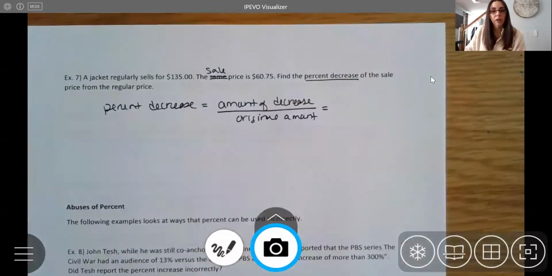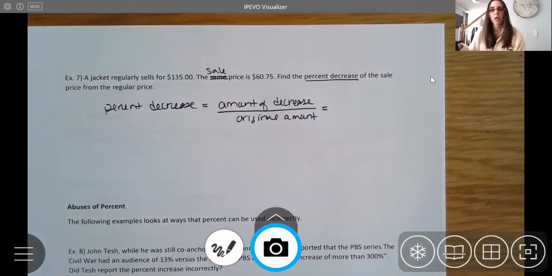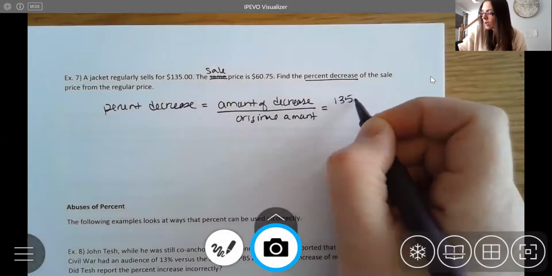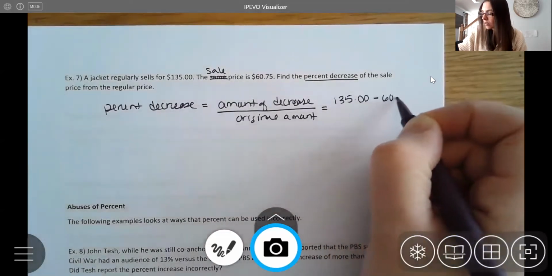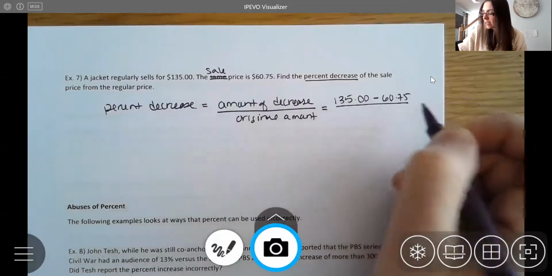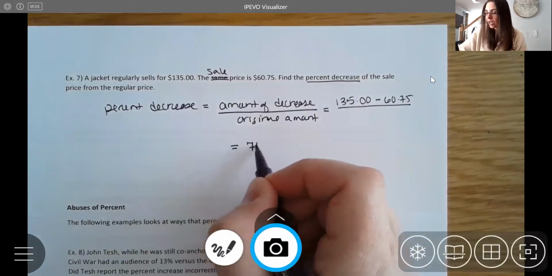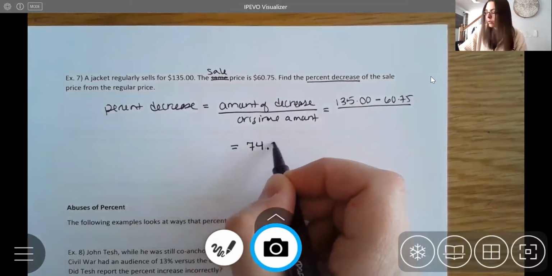So again, for that numerator, it's not just the decreased amount or the original amount, it's the change. So the amount of decrease is how much has it changed. So if we start at $135 and the price is now $60.75, if I subtract those two values, then I can get my change. So the price has changed by $74.25.